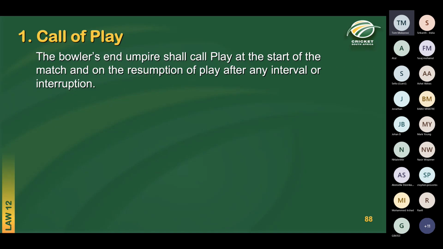And I normally just put my thumb up towards my colleague at square leg, and if they put their thumb up as well, then that means they're ready. So really the full procedure, asking scorers, fielding captain, batters, and your square leg umpire, is done only at the beginning of a match, or I would say at the beginning of each innings, definitely.